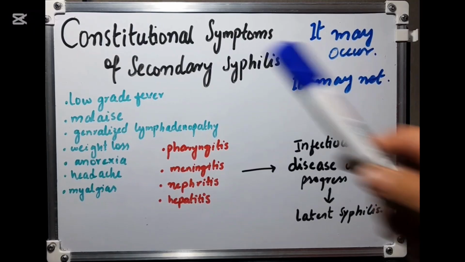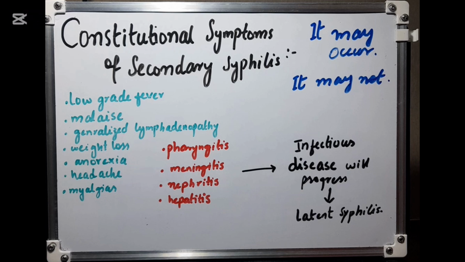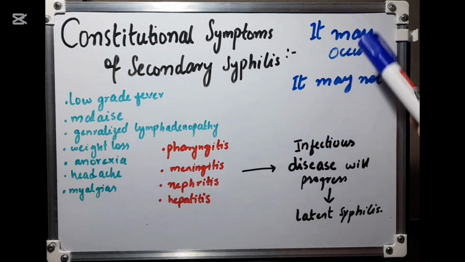We will discuss constitutional symptoms of secondary syphilis. As we know, secondary syphilis is a disseminated variant of syphilis. The Treponema pallidum is disseminated in the blood, so it can go towards various organs and systems and cause generalized symptoms, which may or may not occur.